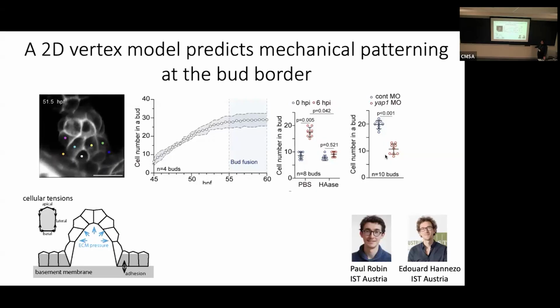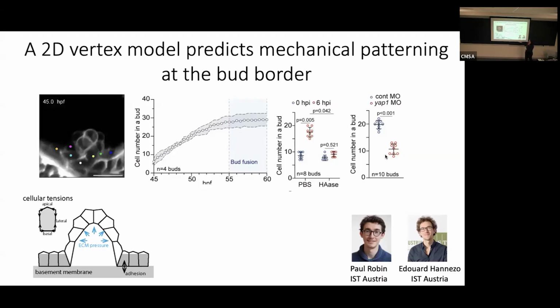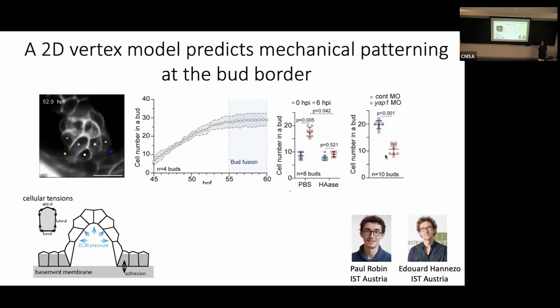And we wanted to keep exploring the dynamics of what this recruitment looks like, how it's going, how these cells are being pulled into the buds. And we collaborated with our now longtime collaborator, Edwa, and a postdoc in his lab, Paul, who built a vertex model of a transversal section of this epithelial bud. And we knew these parameters from my postdoc work, the apical, basal, and lateral tension in these cells.